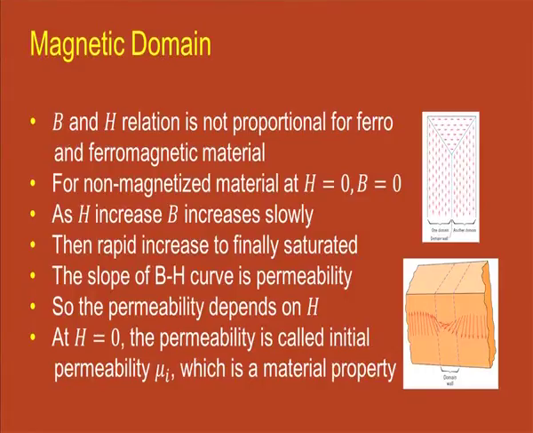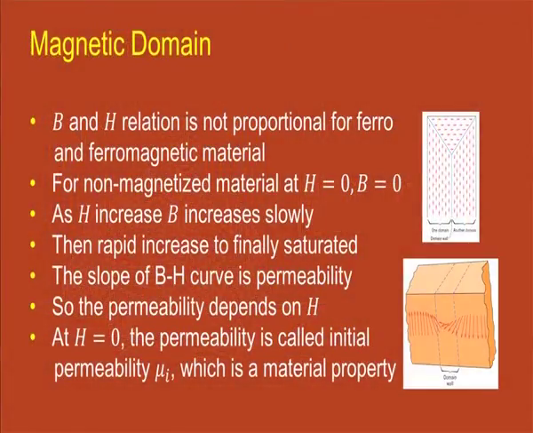If we plot a curve between B and H, we will see that the variation of the internal magnetic field strength with respect to the external magnetic field strength is not linear, but the characteristic feature that we can obtain from this curve is the magnetic permeability, and we will find that the magnetic permeability is dependent on the external field strength.